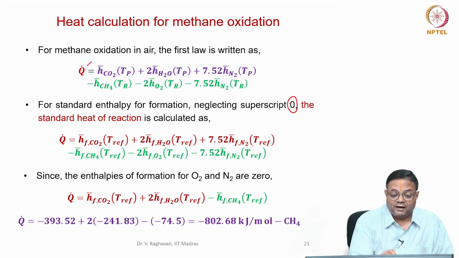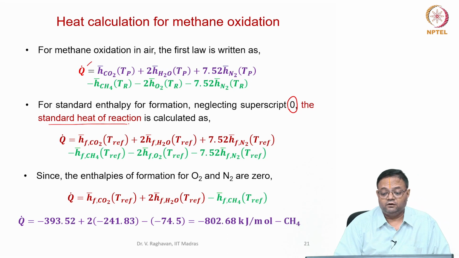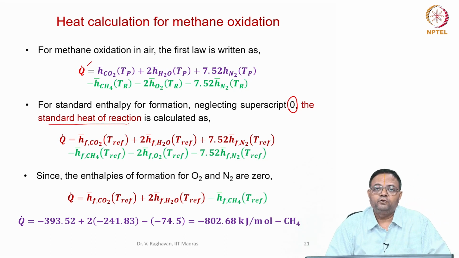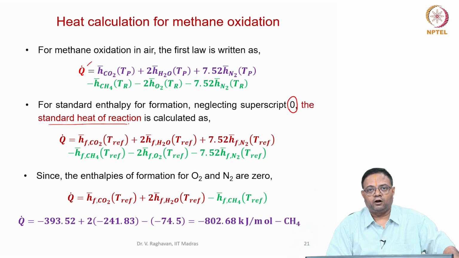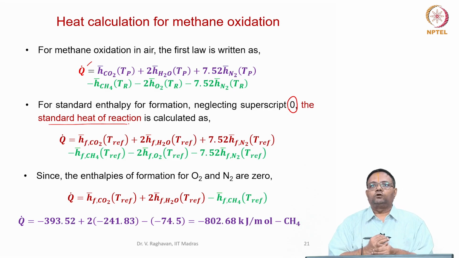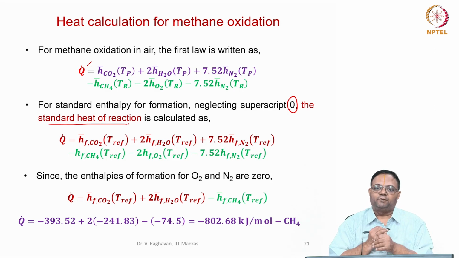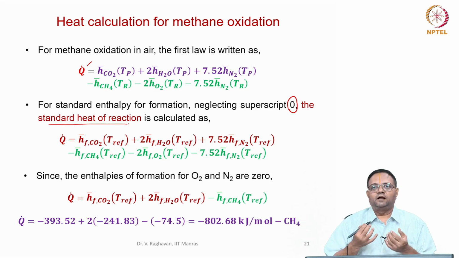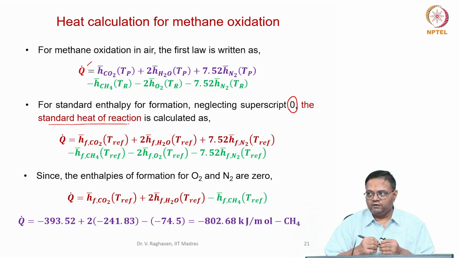So, for the standard heat of reaction, the reactants are at 298 and the products are also cooled to 298. So, the temperatures TR and TP are both 298 Kelvin, the reference temperature itself. That means there is no sensible enthalpy for these cases.